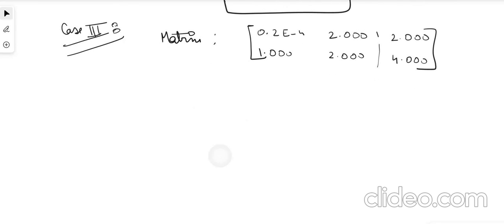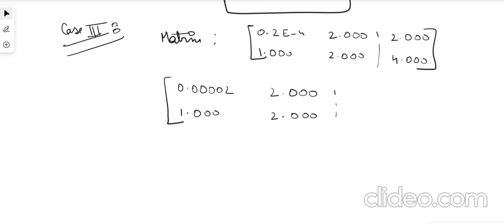The above matrix can also be written as 0.00002, 2.000, 1.000, 2.000, 2.000, 4.000, as the e in the above matrix represents the exponential power of the variable.